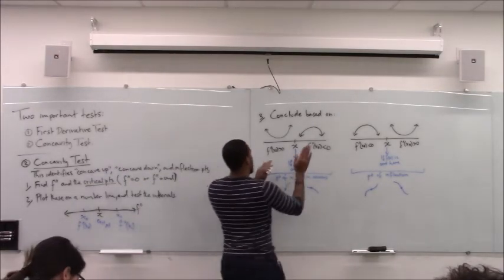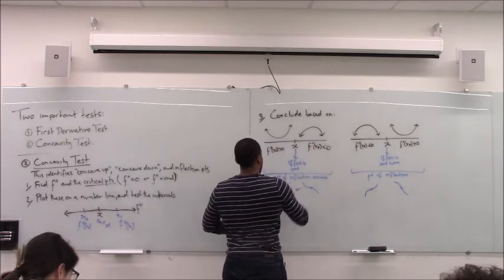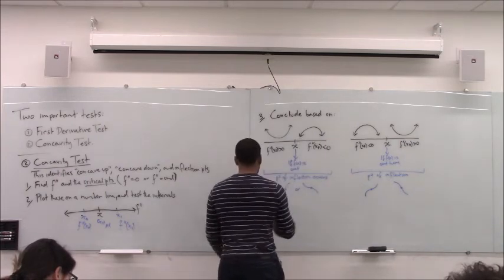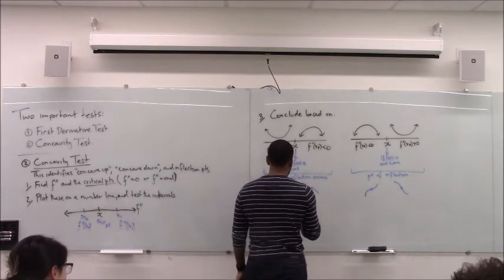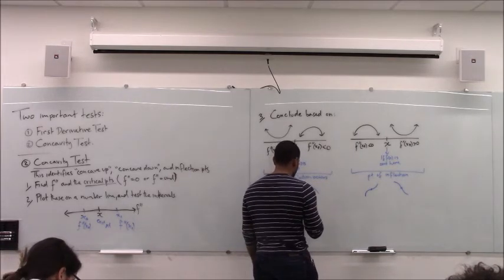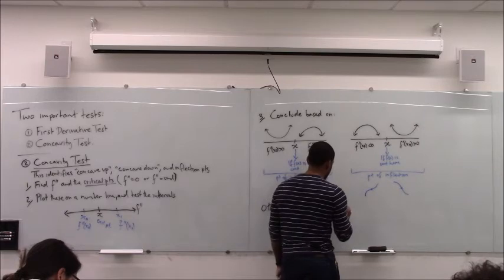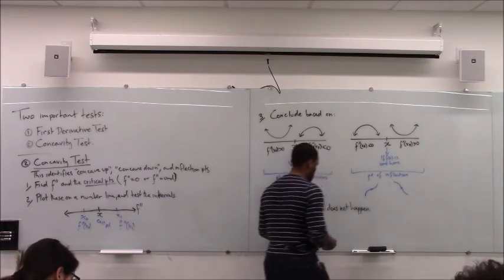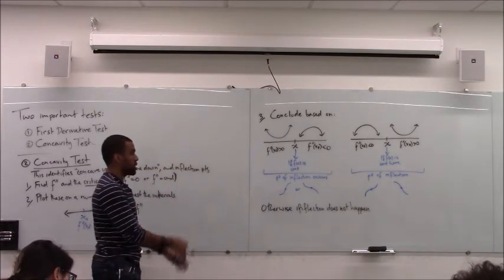Notice that you have to change signs on either side. So you're positive on one side, negative on the other. Or you're negative on one side, positive on the other. Otherwise, inflection does not happen. Okay. So an inflection occurs where you switch concavity.